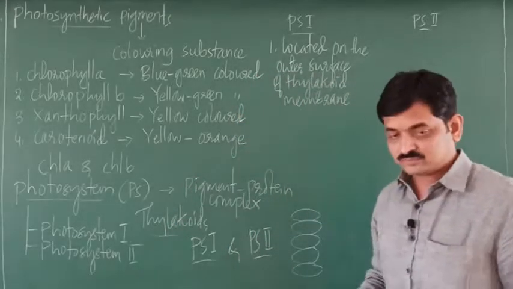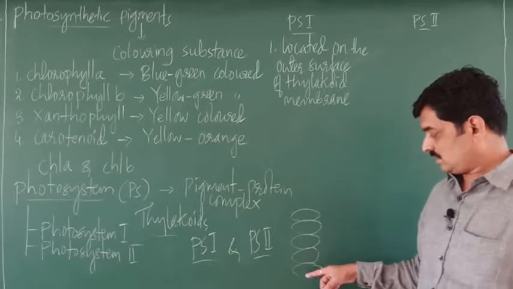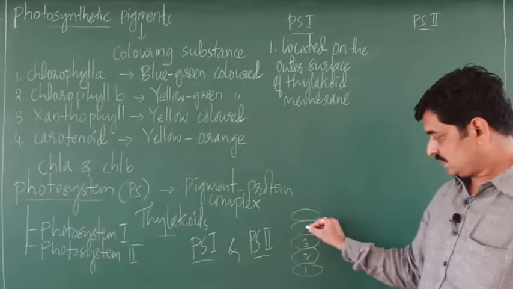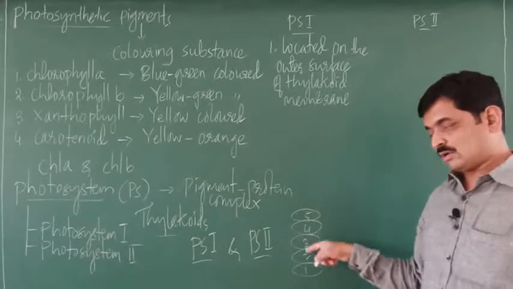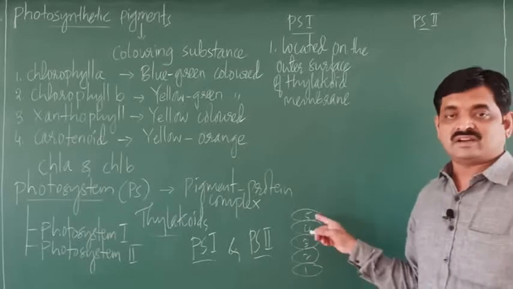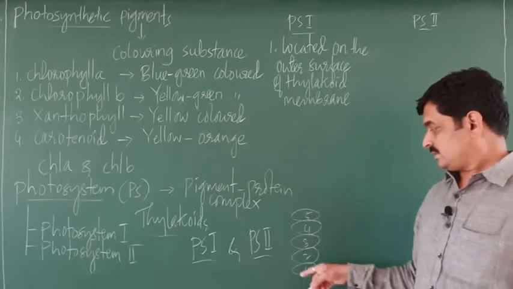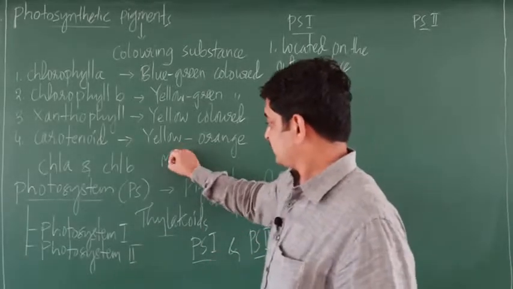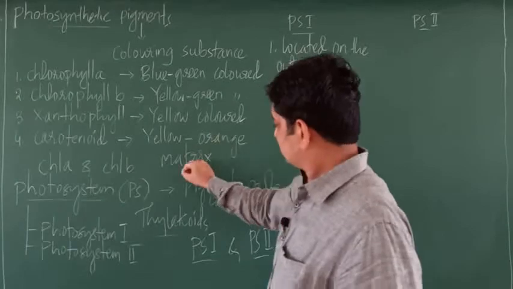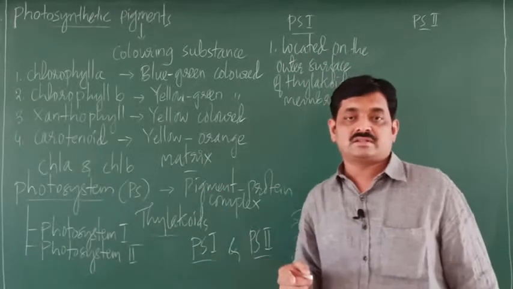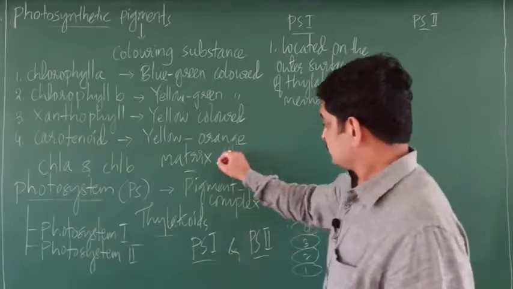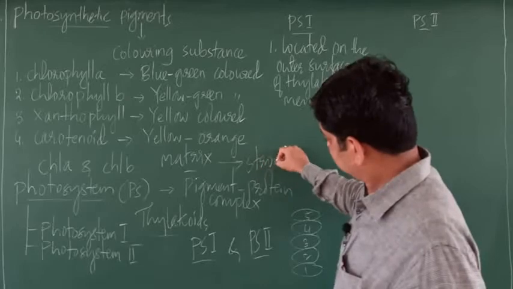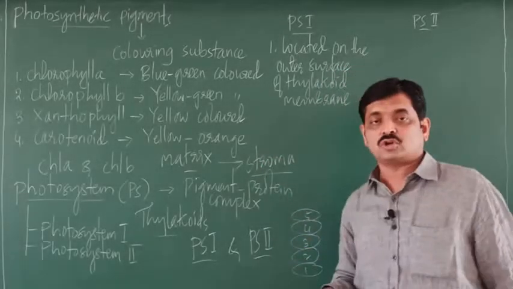It is like this. So these are all thylakoids. So 1, 2, 3, 4, 5. They are all thylakoids, or 5 thylakoids. They are located where? In the matrix of chloroplast. The matrix of chloroplast is called stroma.